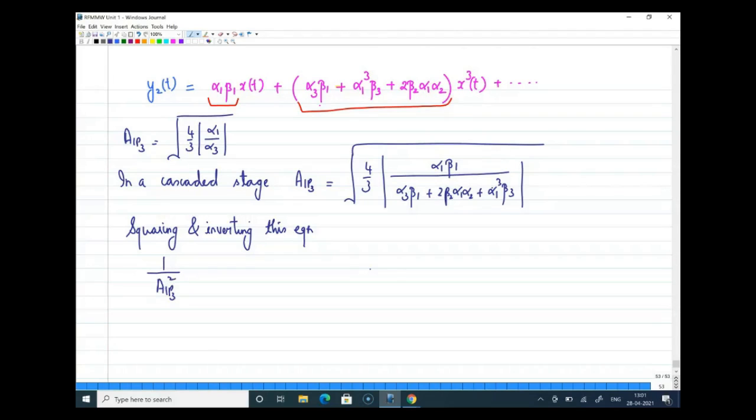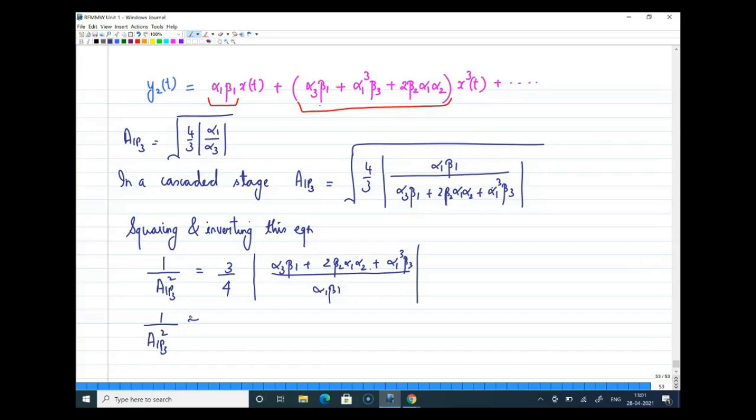So it is 1 by AIP3 square is equal to, squaring and inverting, so the square root will go and it will be the inverse of this: 3 by 4 into alpha 3 beta 1 plus 2 beta 2 alpha 1 alpha 2 plus alpha 1 cube into beta 3 divided by alpha 1 beta 1.